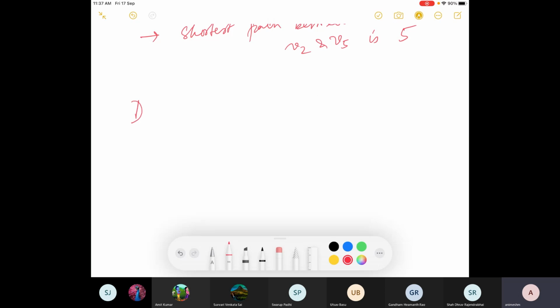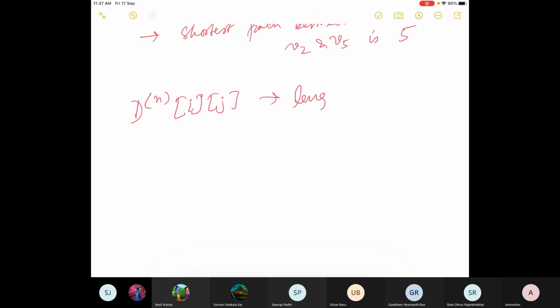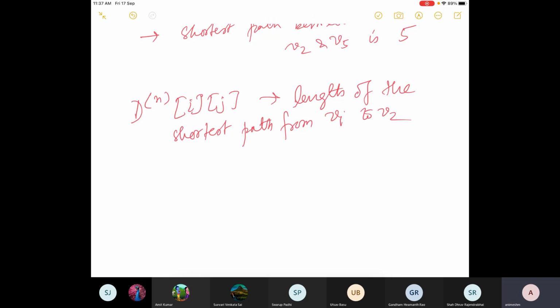D^n_ij is the length of the shortest path from Vi to Vj, as we just now saw. And D^0_ij is what? Sir, Wij. Wij.